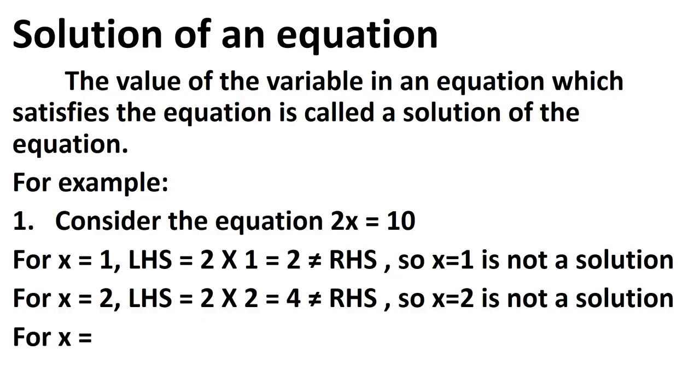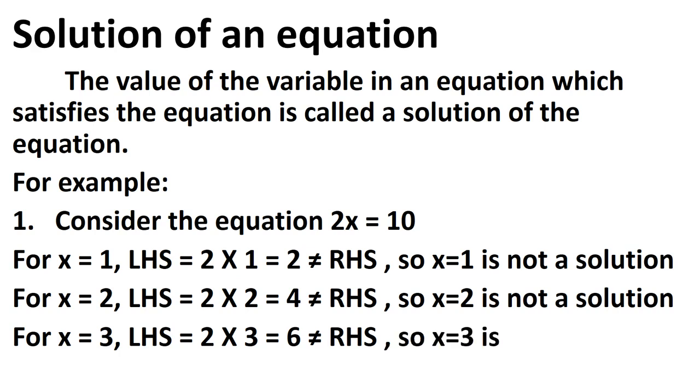Now see for x equal to 3. Left hand side equals 2 multiplied by 3 equals 6, which is not equal to the right hand side. So, x equal to 3 is not a solution. Means in place of x we are writing 1, then 2, then 3, so that left hand side is equal to right hand side.